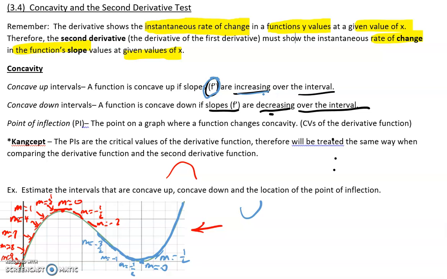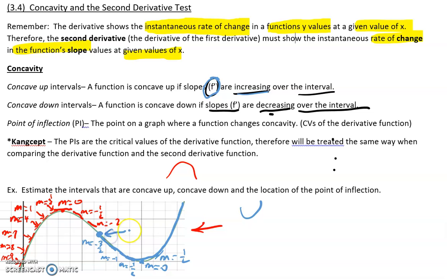if we take a look at the red part of the graph and the blue part of the graph, if I go from the slopes decreasing in the red to increasing in the blue, at some point it has to change. There has to be a place where you stop decreasing, you start increasing.